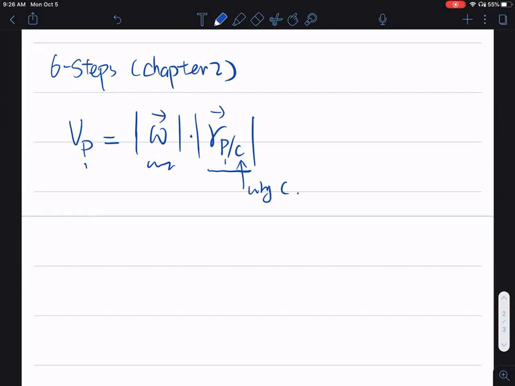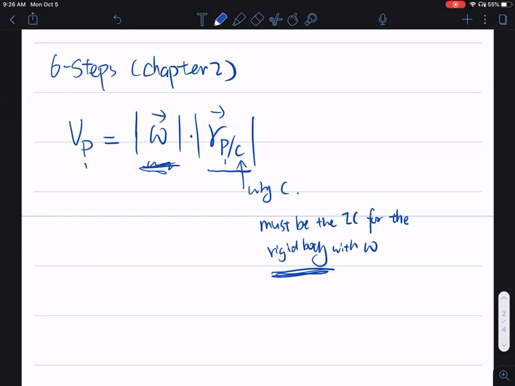The reason is that C must be the instant center for the rigid body with that omega as its angular velocity. So the rigid body you're talking about and this omega must be for the same rigid body. They must be on the same rigid body.